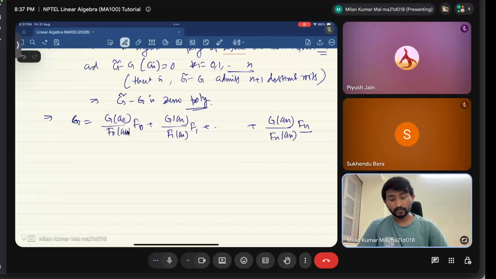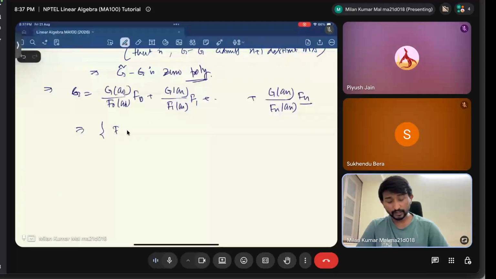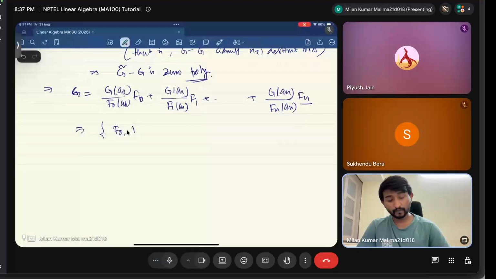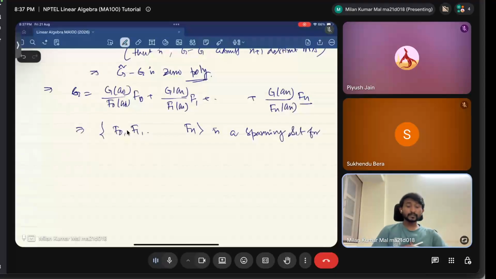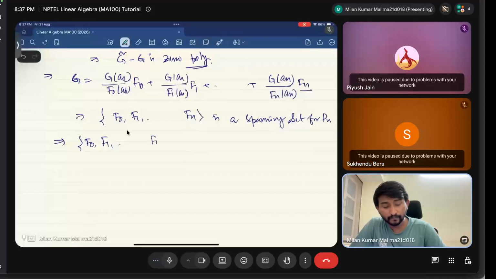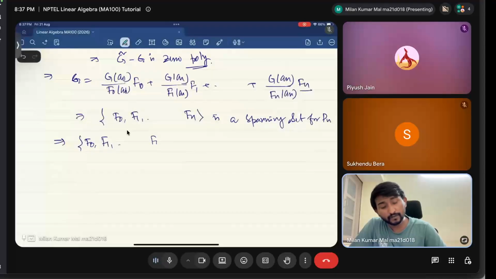So the set f0, f1, up to fn is a spanning set for the vector space Pn. That means this is a basis, because we have proved the linear independence first, and then we have proved that this is a spanning set. This is a basis of the vector space Pn.